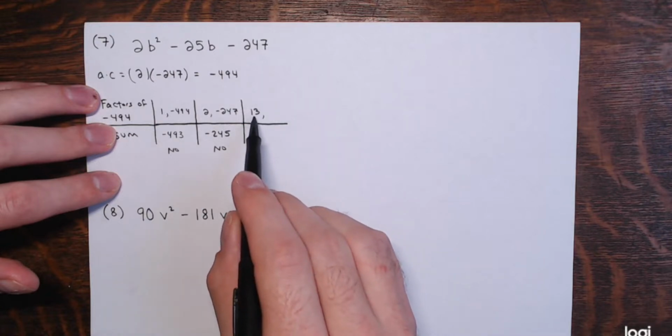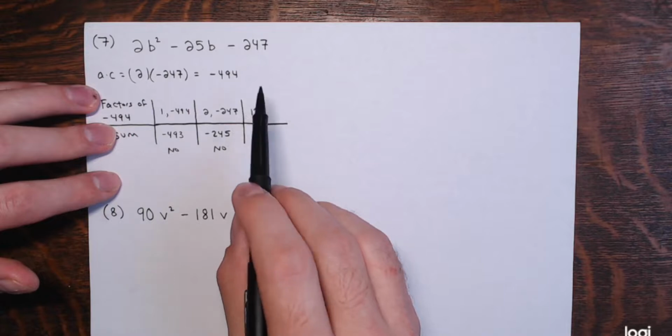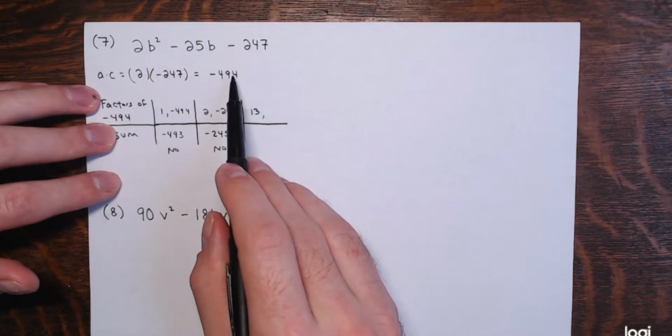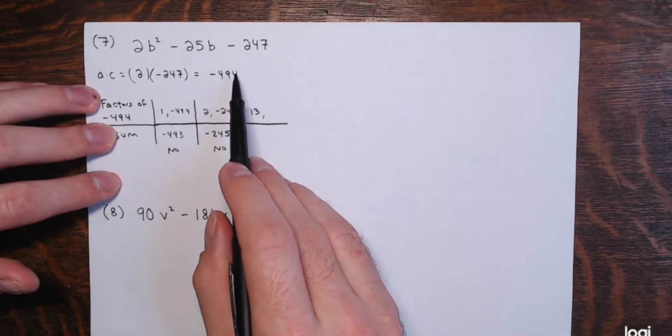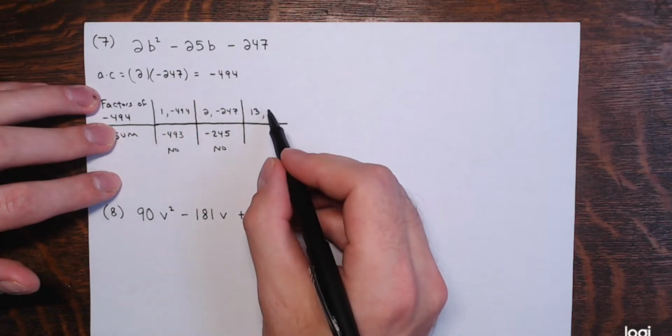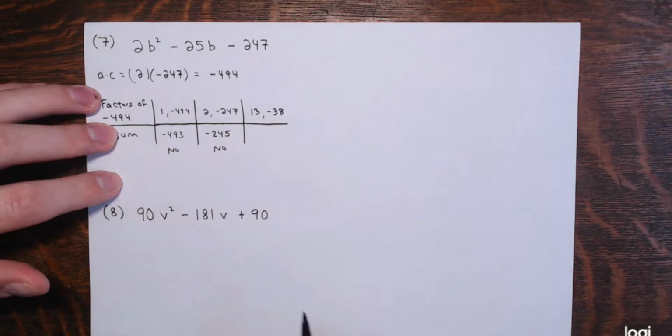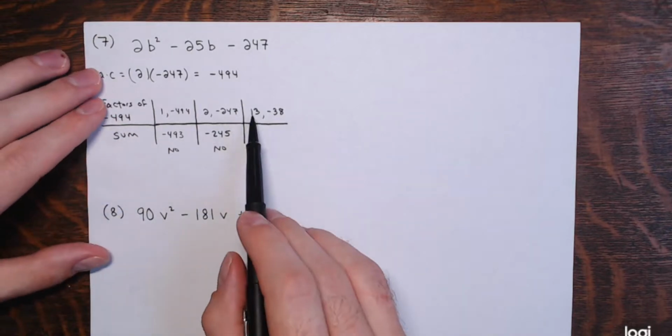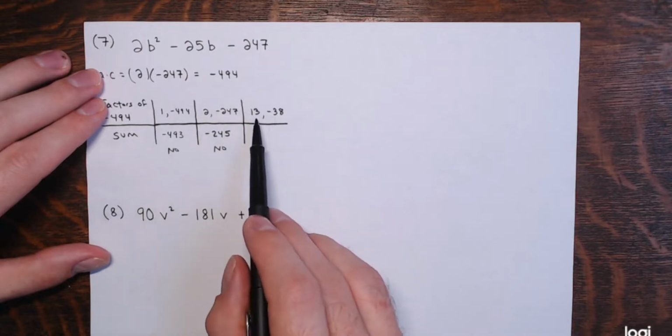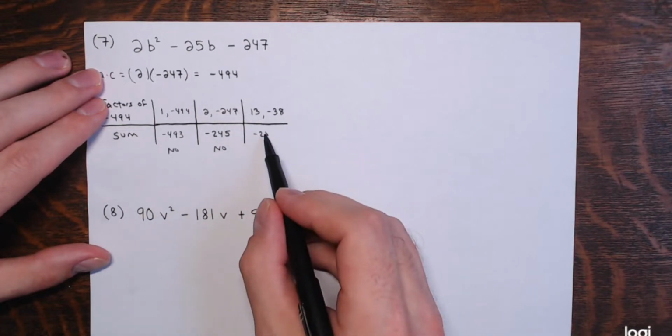If you do 13 times 40, that's 520. But then you have to subtract 26. So 13 times 38. And there we go. Those are the numbers that I want. 13 and negative 38. Those multiply to be negative 494, and they would add to be negative 25.